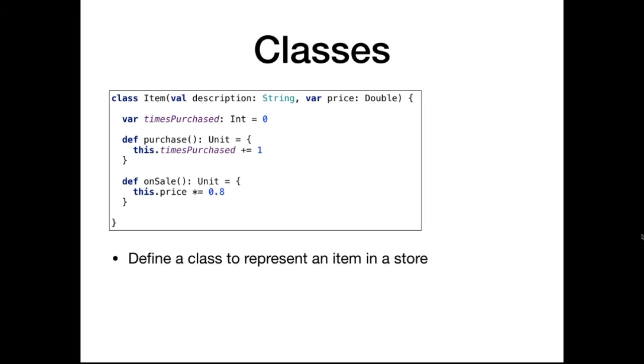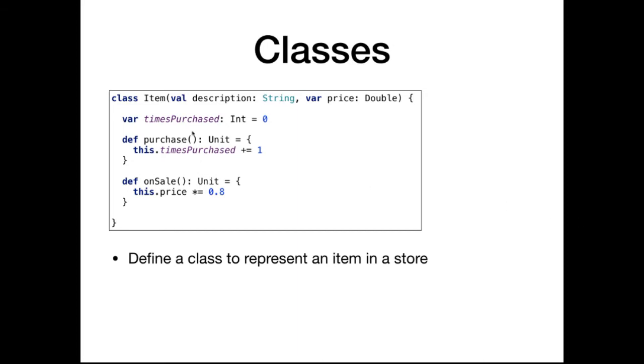I'm going to create an item class, and now every time I put a new item on my shelves, say I get something in stock that I want to put on my shelves, I'm going to say, here's its description, here's its price, and then the times purchased is going to initialize to 0. Then I might have like 20 of that item type, and each time I sell one, I want to be able to track how many of them I sell.